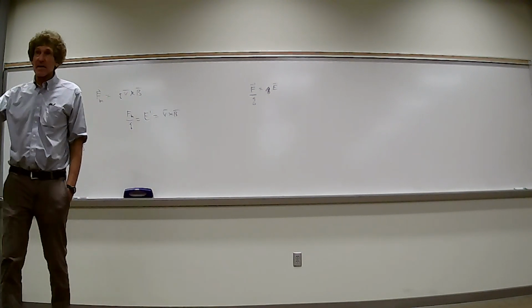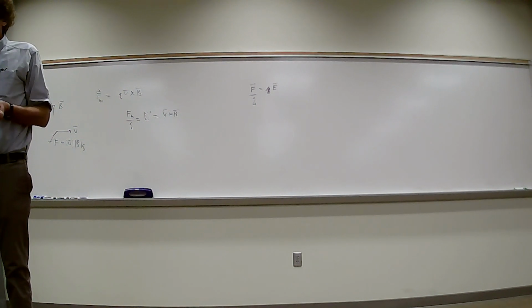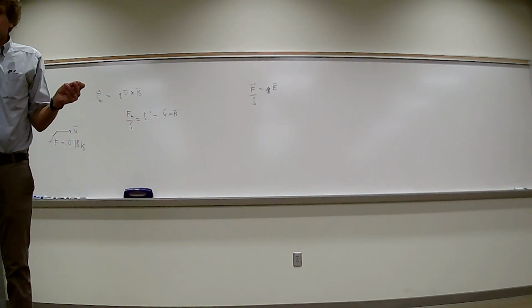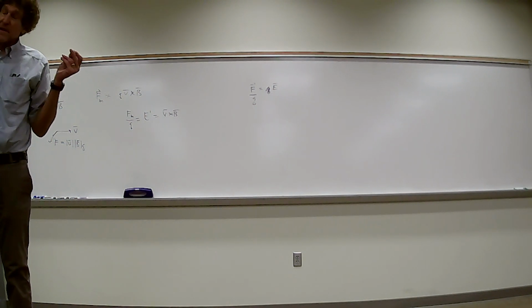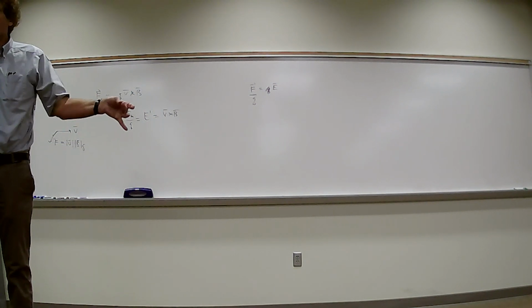That is the electric field that's caused by the motion of a charge in the presence of the B field. That's important. So the electric field can be caused by electrostatic events, charges, or motion.